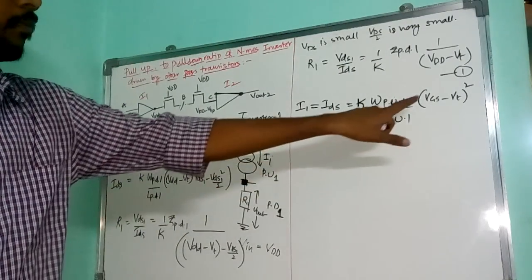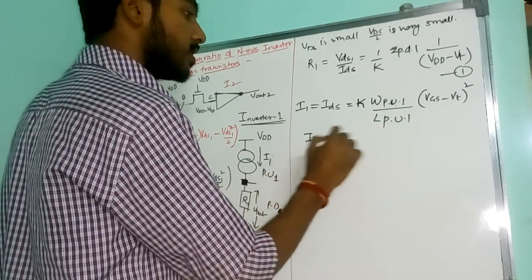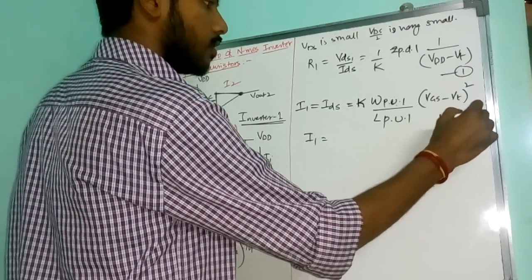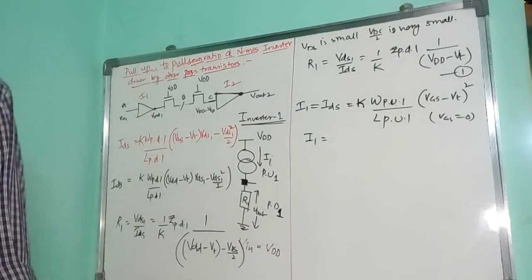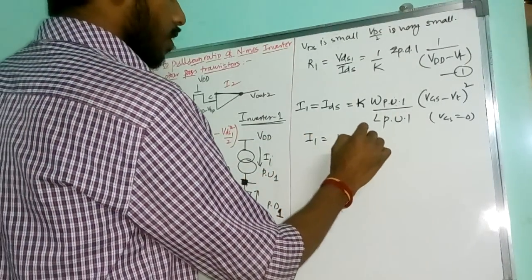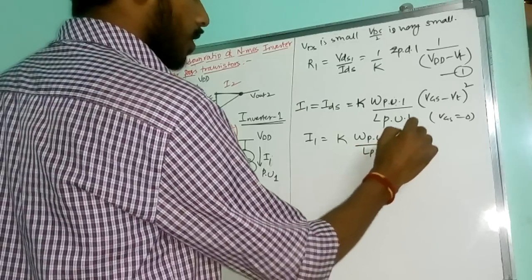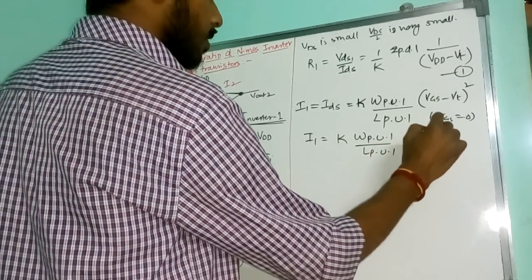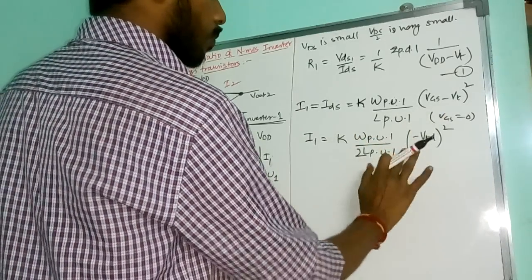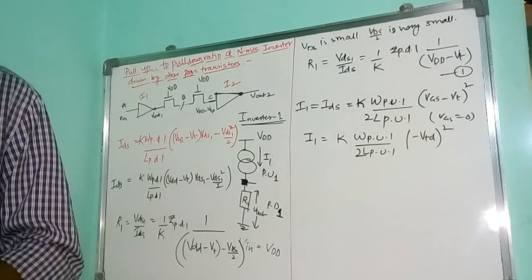As it is a depletion mode transistor, VGS is 0. So we directly get I1 is K times omega PU1 by L PU1 into minus VTD whole square by 2. As it is in the saturation region, there should be 2 in the denominator.